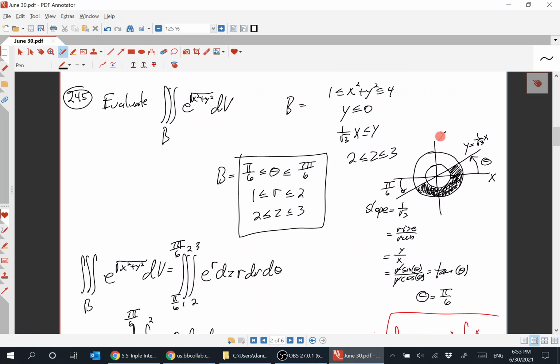Y has got to be less than 0, so it's this. The y coordinate needs to be less than 0, so just this bit here. X is 1 over root 3. X is less than y.